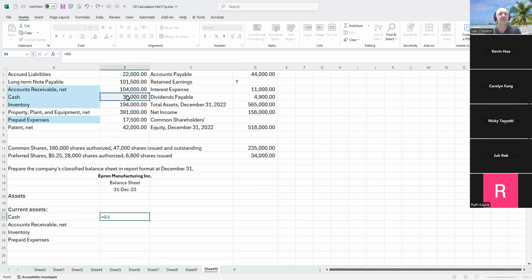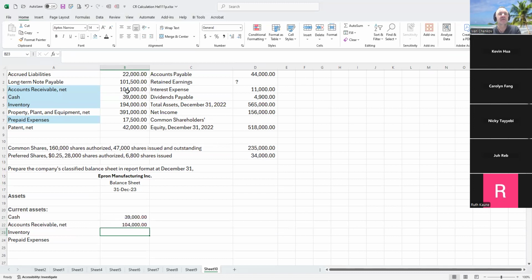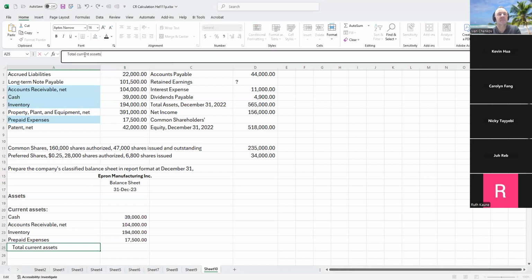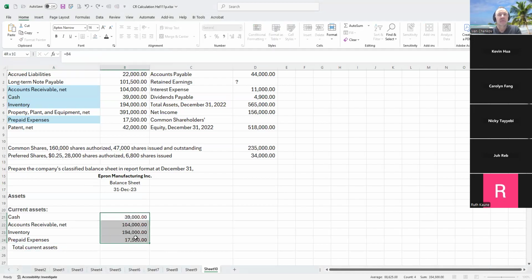Let's get the amounts. 39,000. This one, accounts receivable, is that much. Inventory, that much. And prepaid expenses is that much. So total current assets is all those four together.